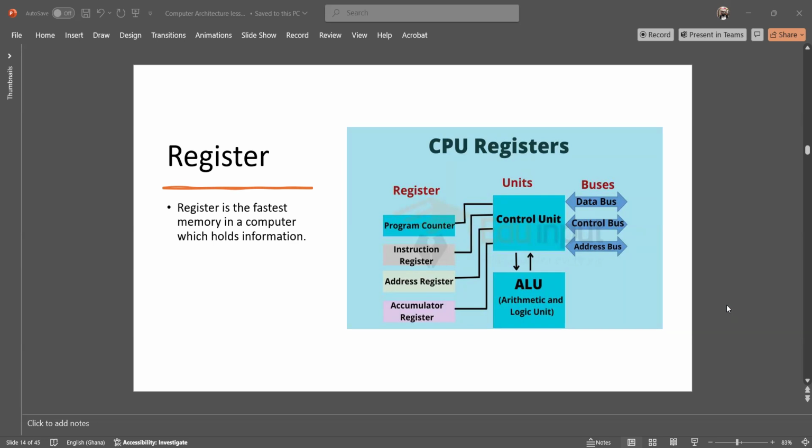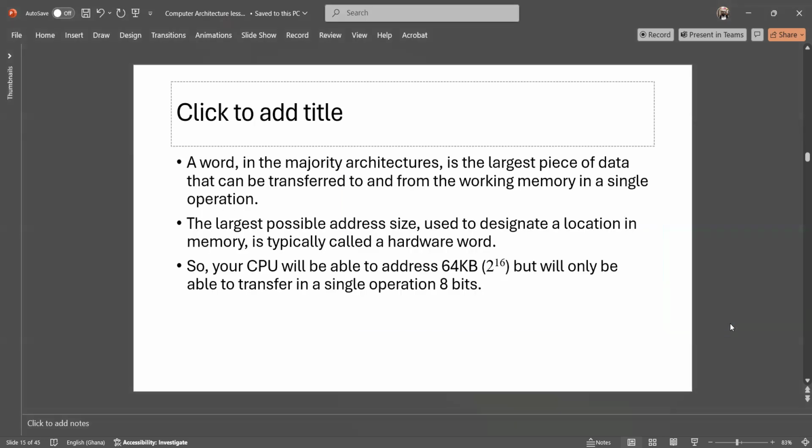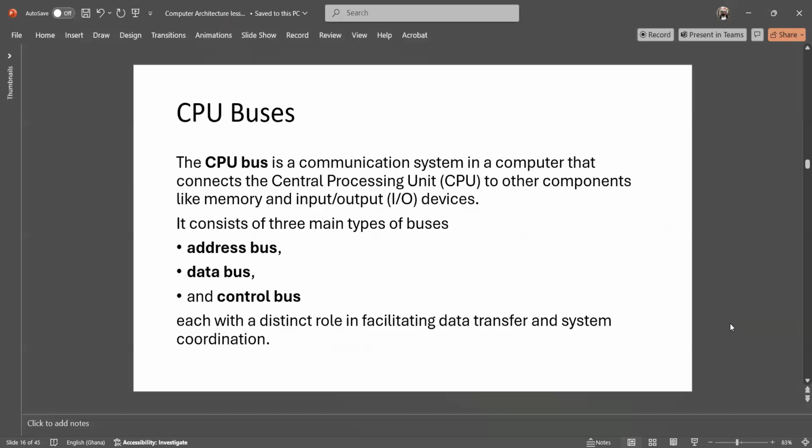And remember, the bus lines are what we send information to and from various components. So the bus lines, it's not just one. We don't just have one bus line. We have the address bus line, which I explained earlier, that is used to send addresses. Remember, it is one way.